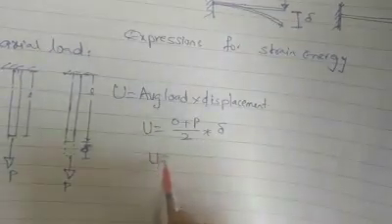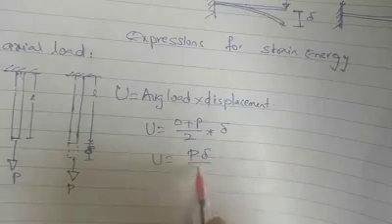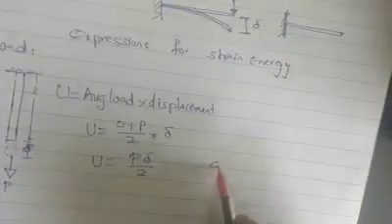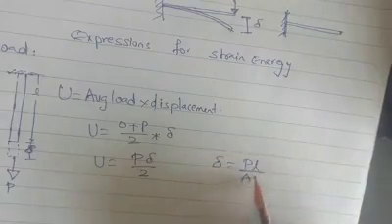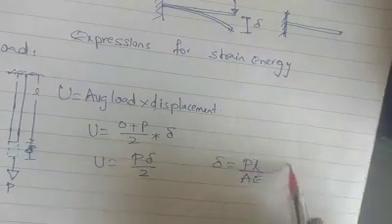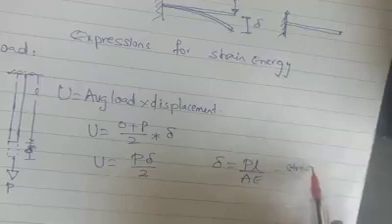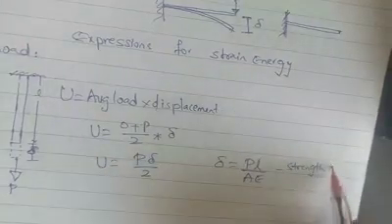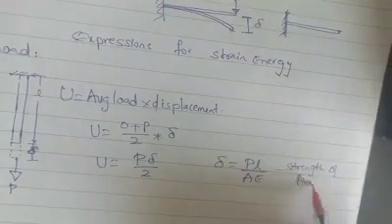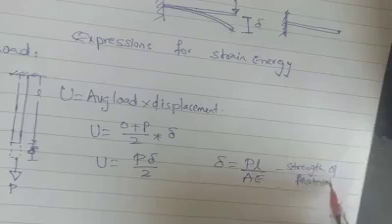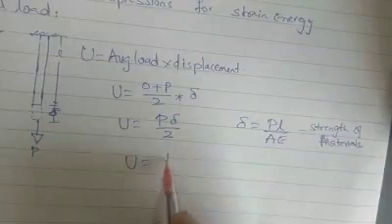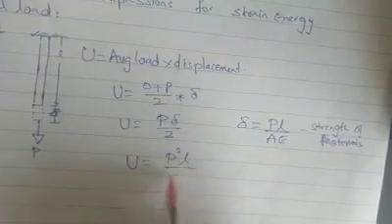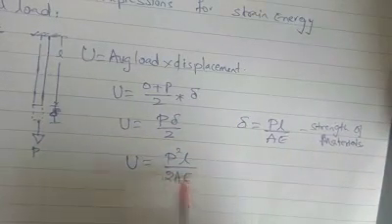So U is equal to P delta by 2. And we know delta is equal to PL by AE. We have derived this in strength of materials last semester. Substituting this, U will become P square L by 2AE.